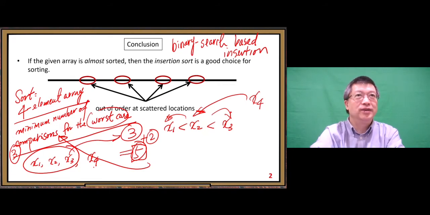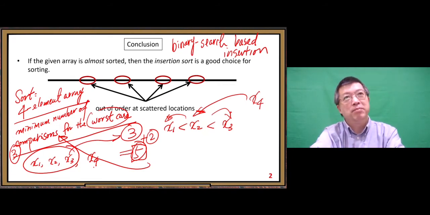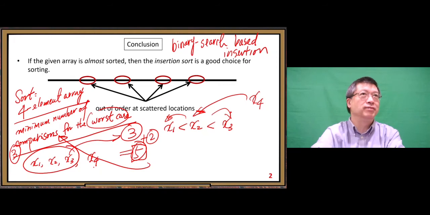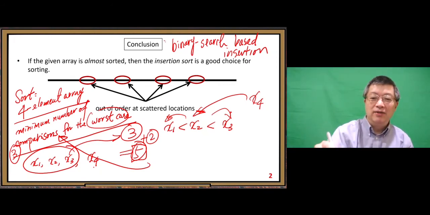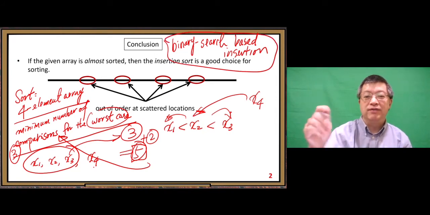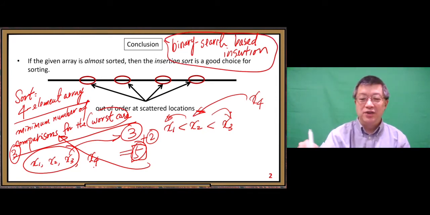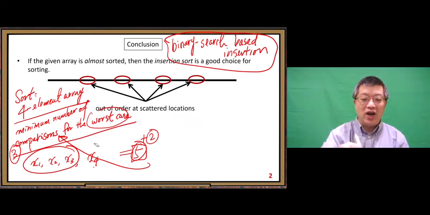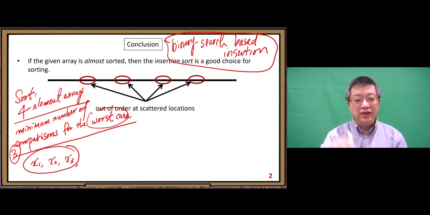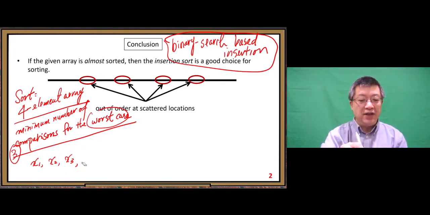No matter who, nobody can beat this one. So you can see how important this idea is, how useful it is. Let me give you another example, in order to show how important this idea is.